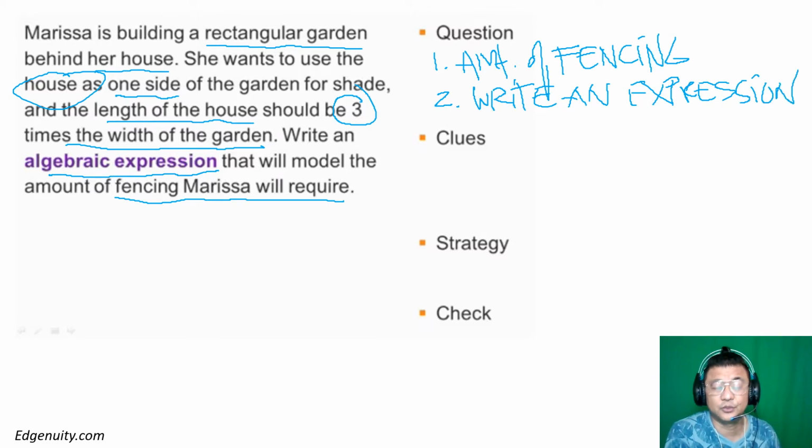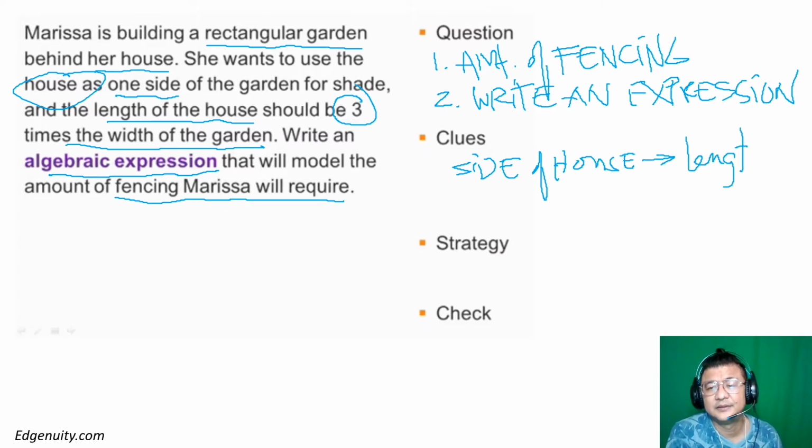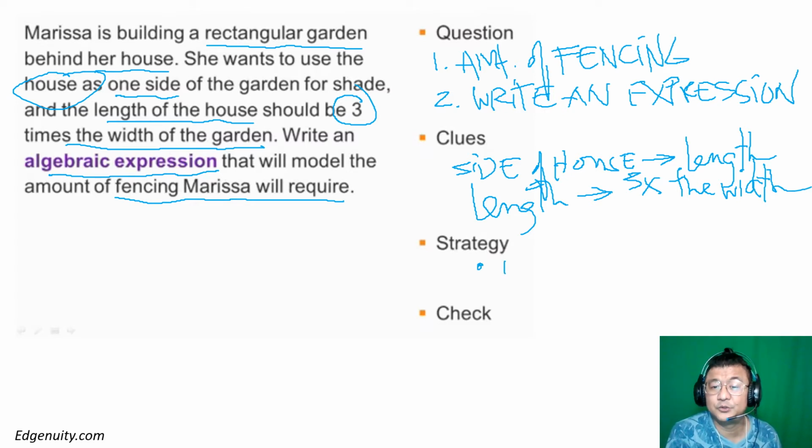Okay, the clues that we know: the side of the house is the length. And what else do we know about the length? The length is 3 times the width. Okay, what strategy? Maybe we could do some drawing. And then next, we will write the expression.